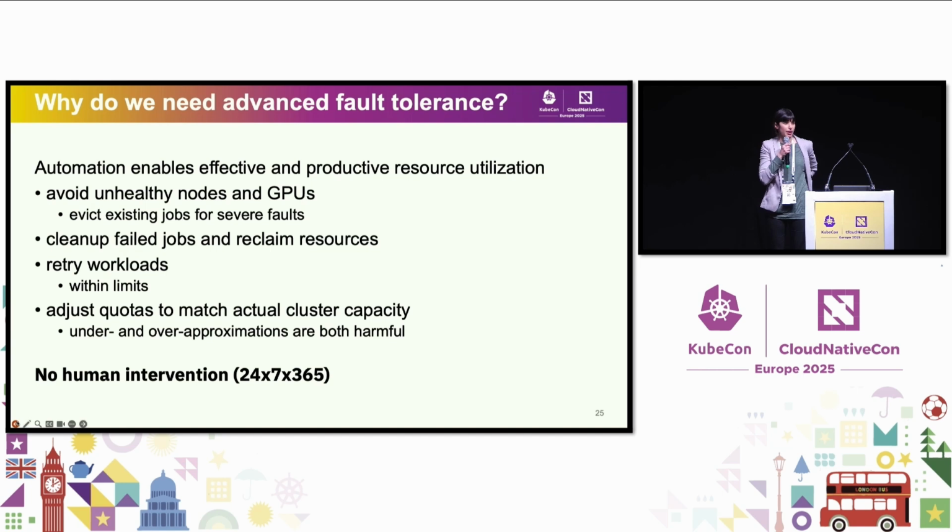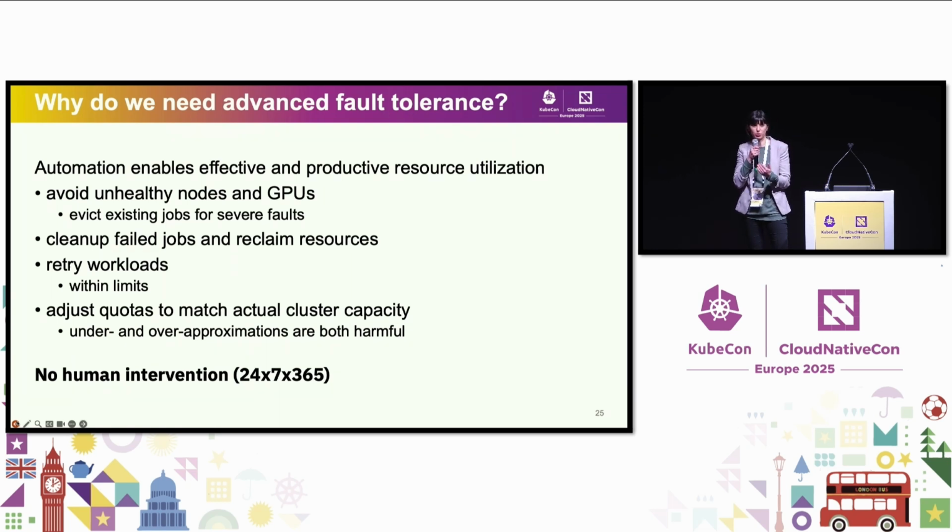On the other hand, we have the hardware. So we need to make sure that the GPUs are running correctly, and if they're not, we want to know that. Even to make sure that all the jobs can run correctly, and also one of the reasons why we need to adjust quotas is because maybe at some point a couple of GPUs don't work anymore.